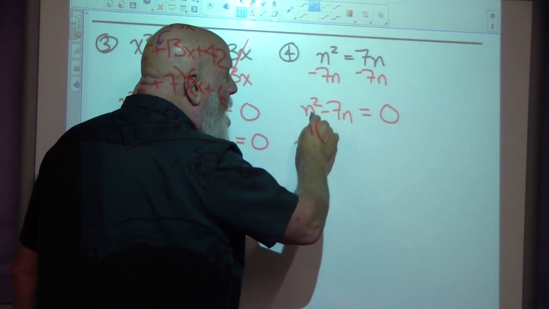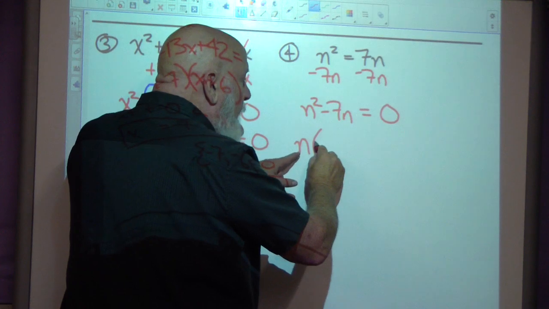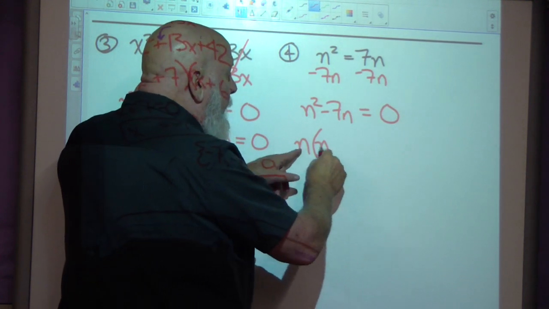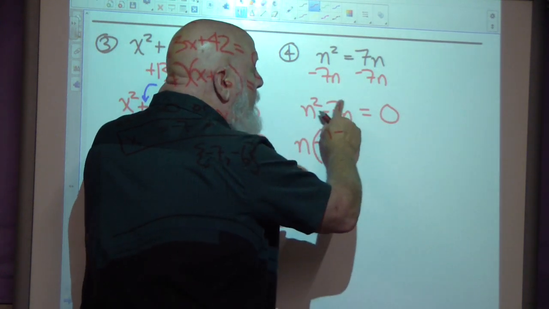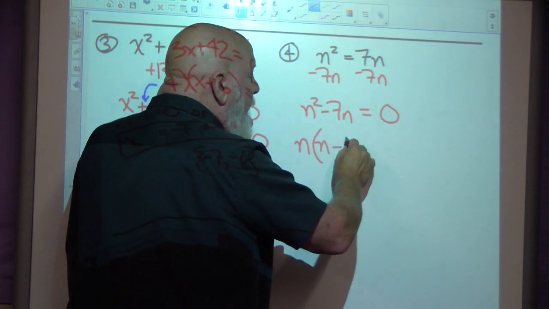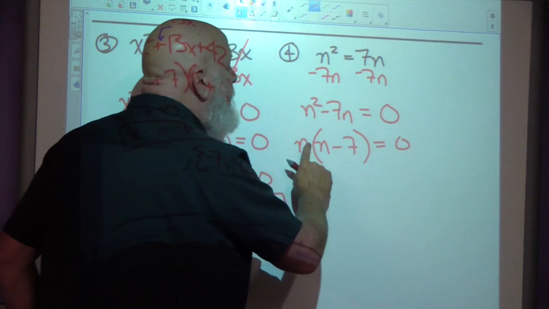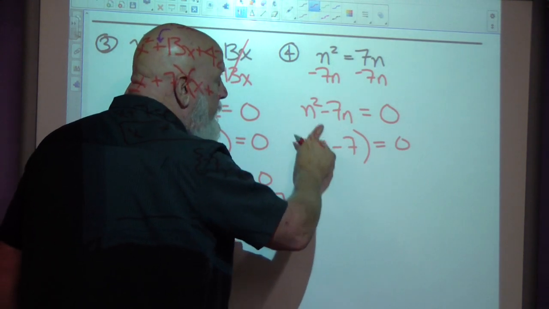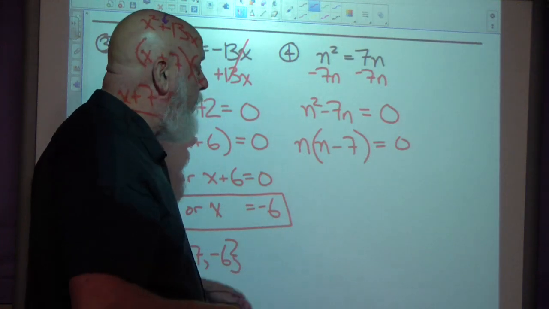If I pull an n out of this term, I'm left with the other n, right? And then on a quick check, n times n is n squared. Minus, if I pull the n out of this, what's left? Well, that's the -7 there. And I close my parentheses, equal to 0. And then I do a quick check. n times n is n squared, n times -7 is -7n, so I've got it factored correctly.